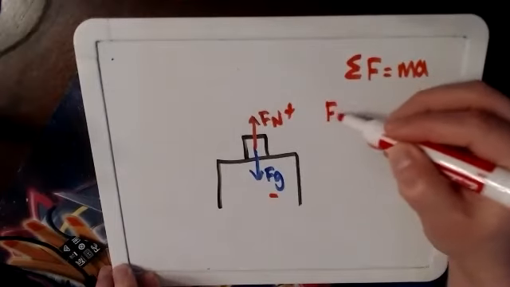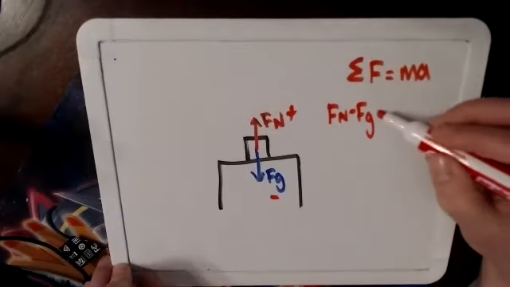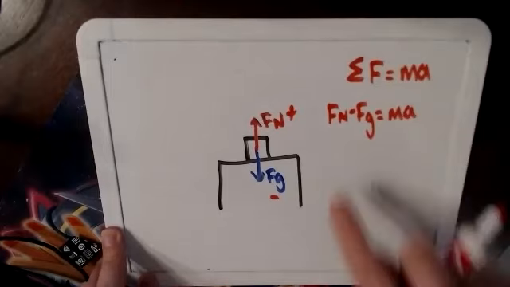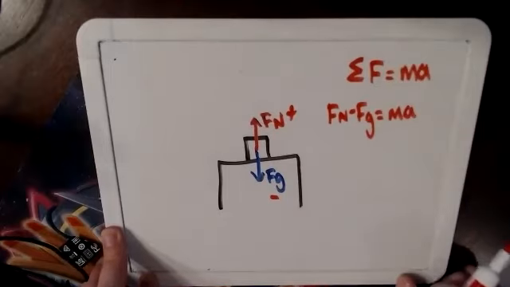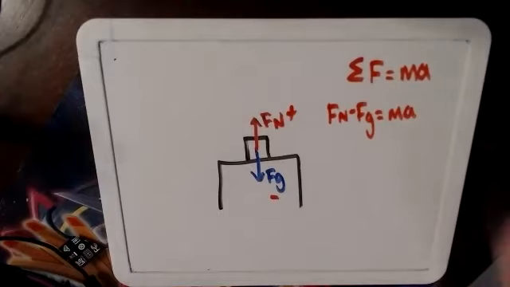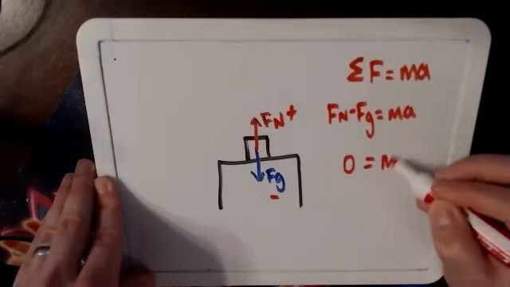It doesn't matter as long as you have opposites. I would then write Fn minus Fg equals ma. And since I know that Fn, in this case the normal force, the force preventing it from falling through the table perpendicular to the surface, is equivalent to Fg, I can then say this is 0.